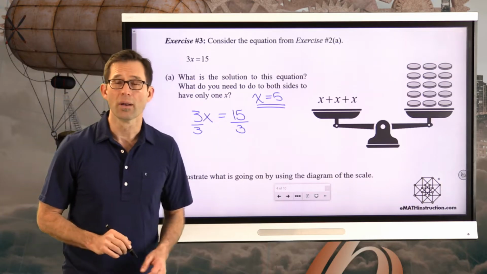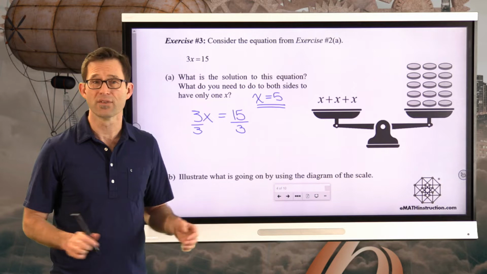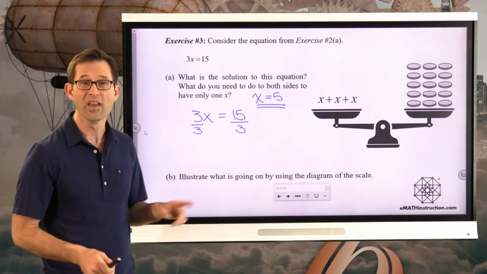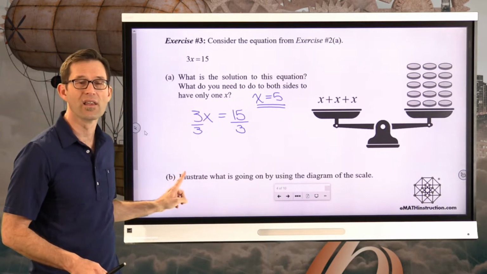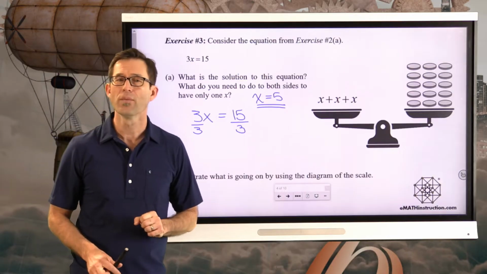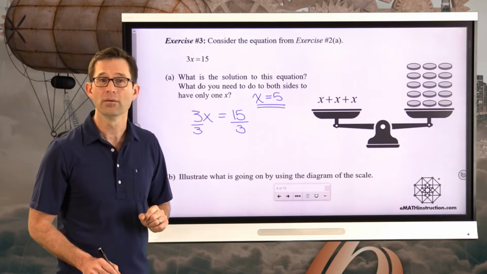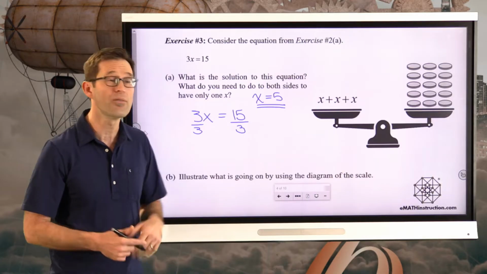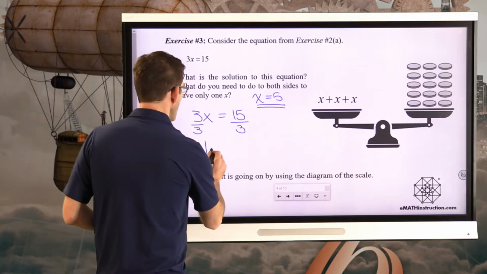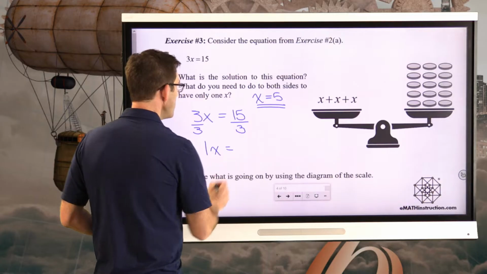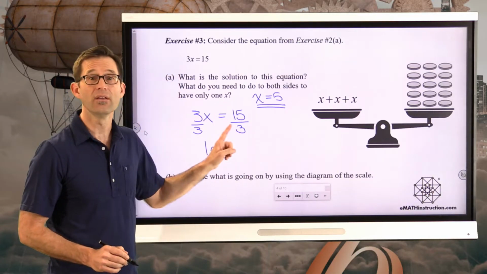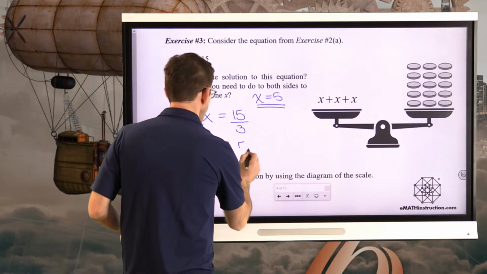Now let's talk a little bit about this. A lot of times what you'll see from math teachers, very understandably, including me, is just a line canceling those out. But keep in mind what we really have here is 3 divided by 3, which is just equal to 1. Now on this side, we have 15 divided by 3, and that's equal to 5.